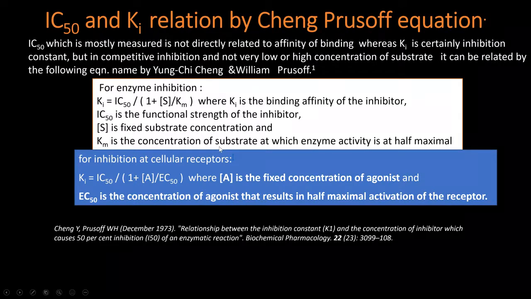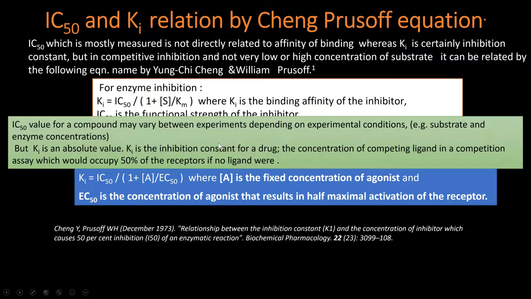Hence, IC50 value may vary. It's not really a constant. It will vary with how you do the experiment, what kind of substrate you choose, what the concentration of enzyme is, etc. So you don't compare one IC50 experiment with another IC50 experiment. Please be cautious on this.